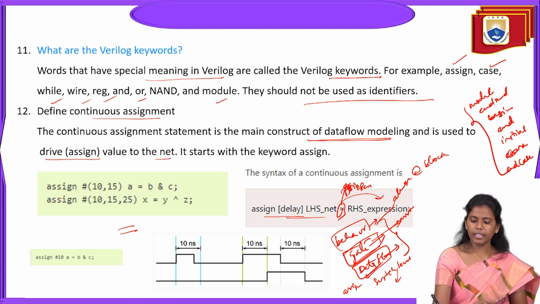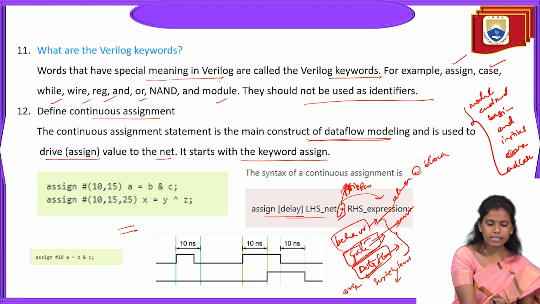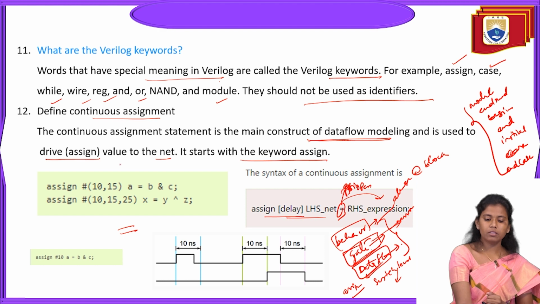As I said, data flow modeling and gate level modeling make use of the keyword assign. For example, assign #10, 15 A = B and C. Here the hash is nothing but the delay.